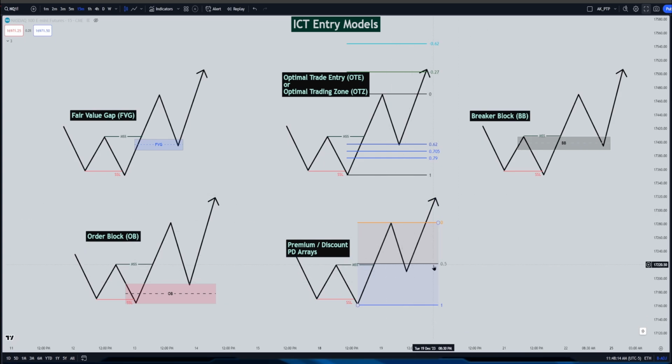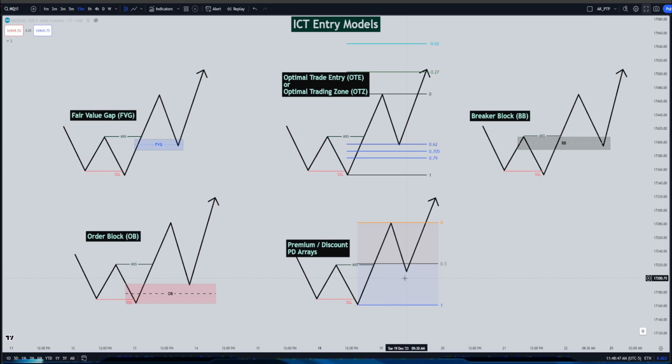In this case, the premium discount and the OTZ are relative to each other, or they are actually representing each other. However, sometimes the OTZ has nothing there, or it may have just a breaker block or part of an order block, but price came to the discounted area.